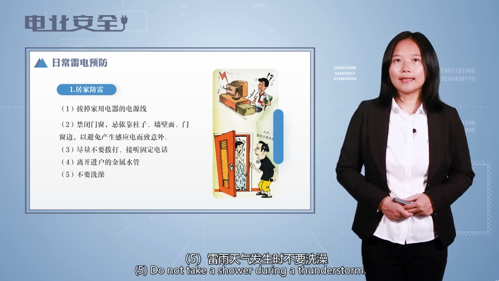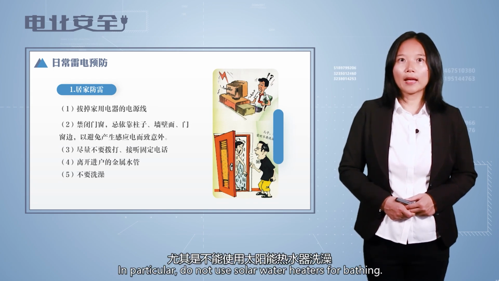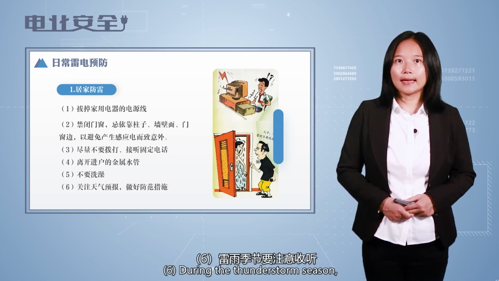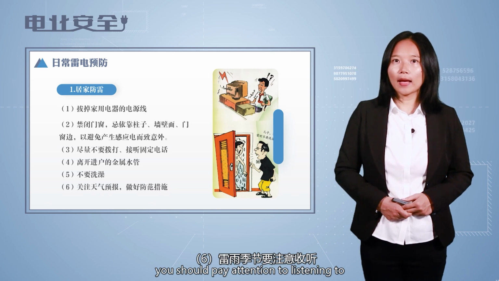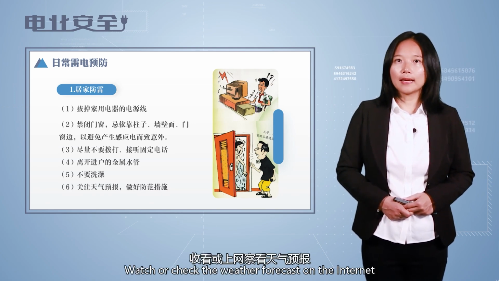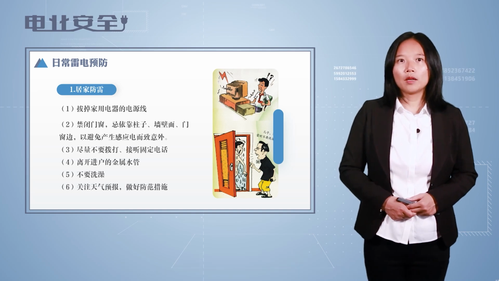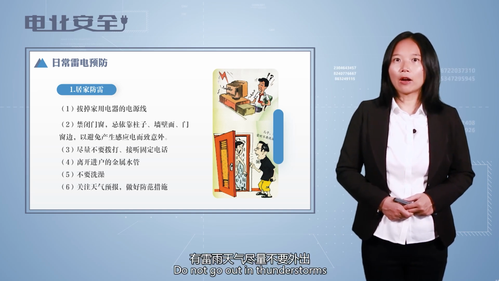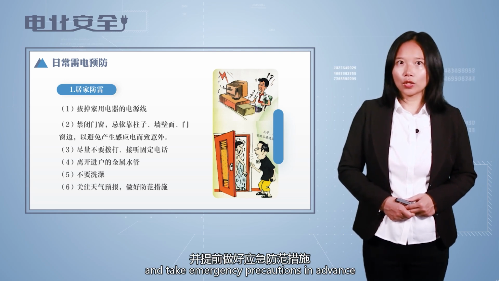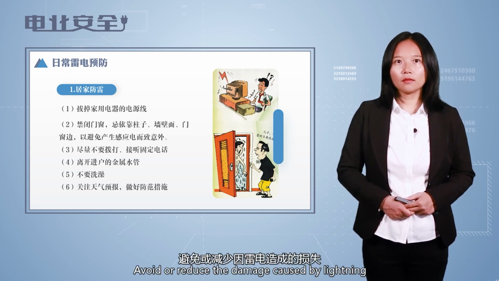Do not take a shower during a thunderstorm. In particular, do not use solar water heaters for bathing. During the thunderstorm season, you should pay attention to listen to, watch or check the weather forecast on the internet. Do not go out in thunderstorms and take emergency precautions in advance. Avoid or reduce the damage caused by lightning.